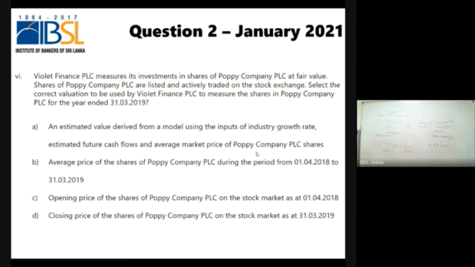But if you have time and get the papers, better if you can do it till 2015, which is when the new syllabus started. Only thing is some of the topics may not be relevant. So some questions you can do, because as I told you, the financial instrument standard got revised in 2018.